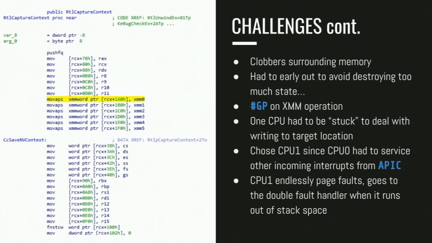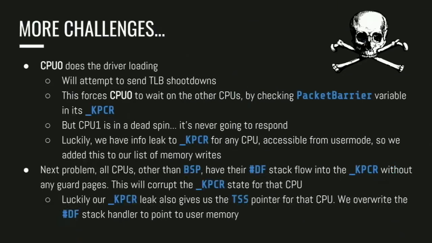So what we have here is a write-what-where vulnerability that keeps writing the same memory over and over. And since we have access to other CPUs, we can change the memory that it keeps writing to.